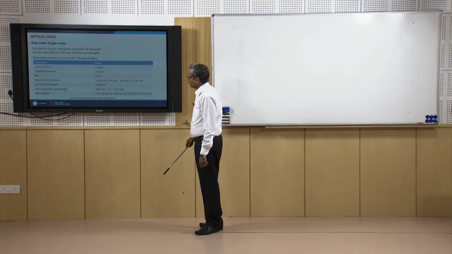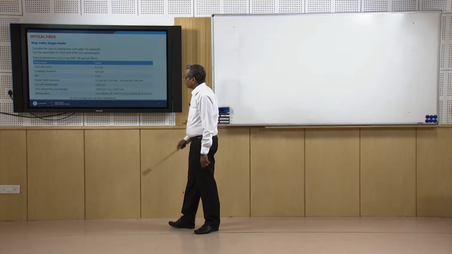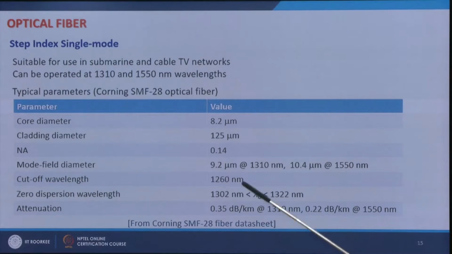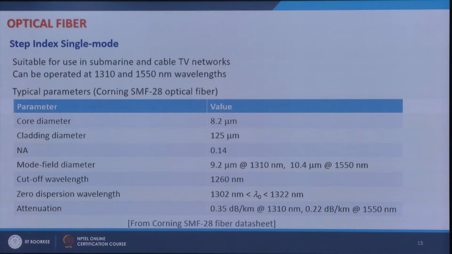It has a cutoff wavelength of about 1260 nanometer. Zero dispersion wavelength is between 1302 to 1322 nanometer. The attenuation of this fiber is 0.35 dB per kilometer at 1310 nanometer wavelength and 0.22 dB per kilometer at 1550 nanometer wavelength.